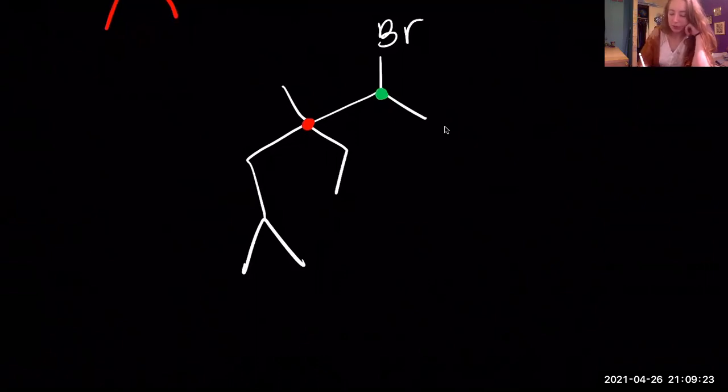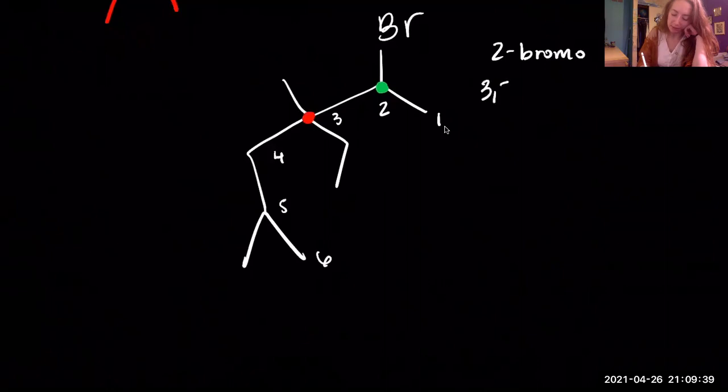Okay, so we'll start here. 1, 2, 3, 4, 5, 6. We have a bromo at 2. And at 3, we have a methyl, and at 5, we have a methyl. So 3, 5 dimethyl. For alphabetizing, only the M counts here, not the D. At 3, we also have an ethyl.